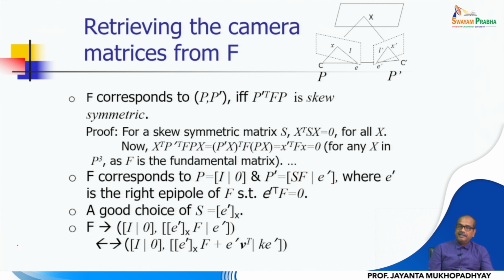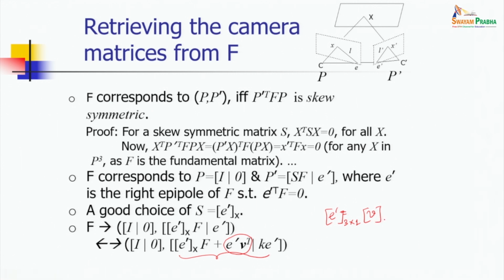And as I was mentioning, actually it's a family of camera matrices which are related with this transformation. You have E prime V transpose, K E prime, where V is any 3 column vector. You can note that E prime is a 3 cross 1 column vector, and V transpose is 1 cross 3.